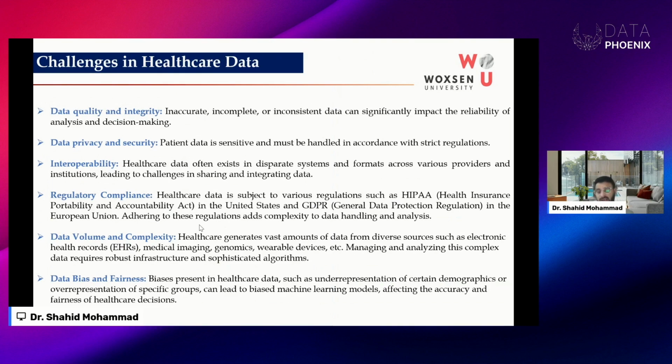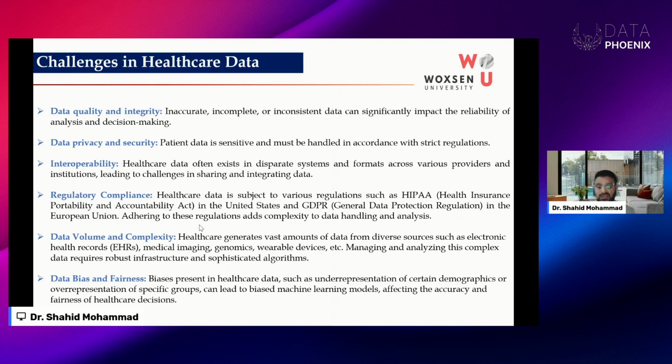The last challenge is data bias and fairness. Once we have collected the data, we need to remove the bias first. We need to pre-process the data in such a way that while developing the models, there is no kind of bias or variance.